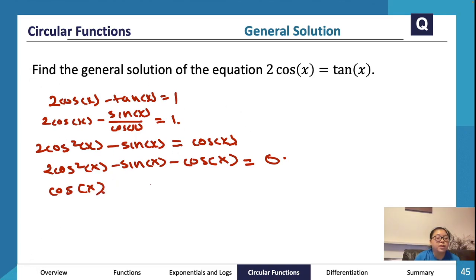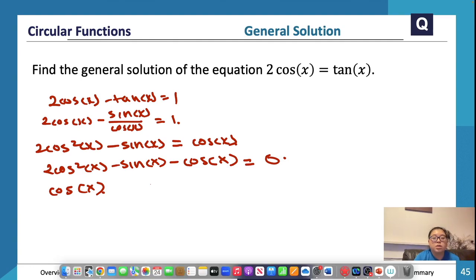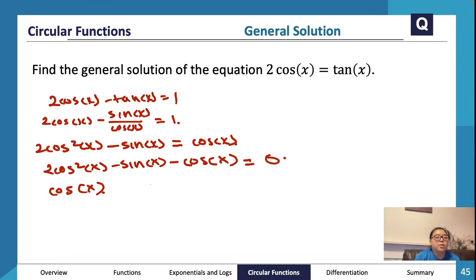Wait, let me just rub that out. Okay, so what we're going to try and do here is, we need our 2 cos x to be equivalent to our tan x.